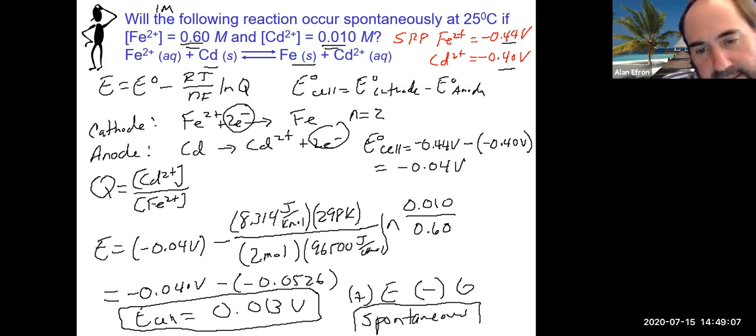So this illustrates that you could have a normally non-spontaneous process like we do here, that under normal standard conditions would not occur. But by playing with the concentrations, we were able to turn this into a spontaneous process under non-standard conditions.